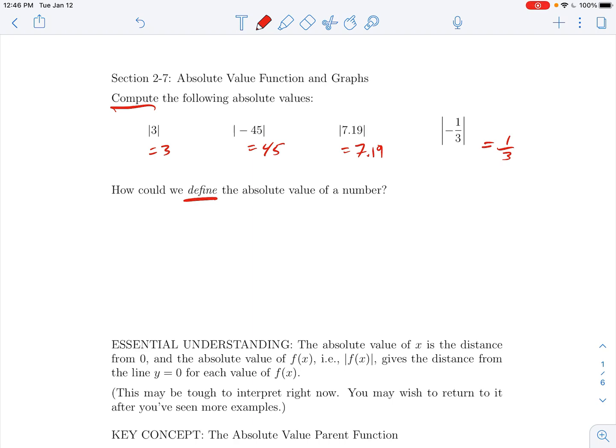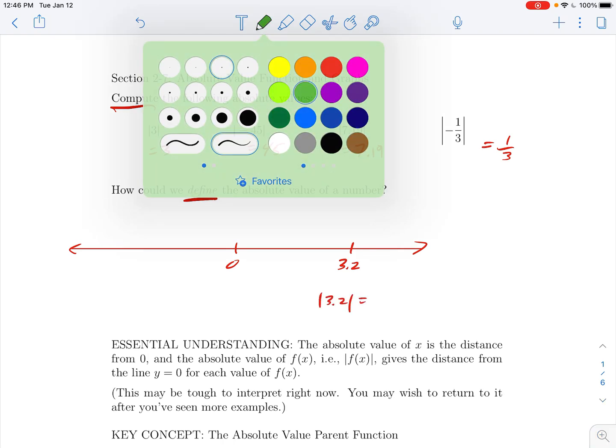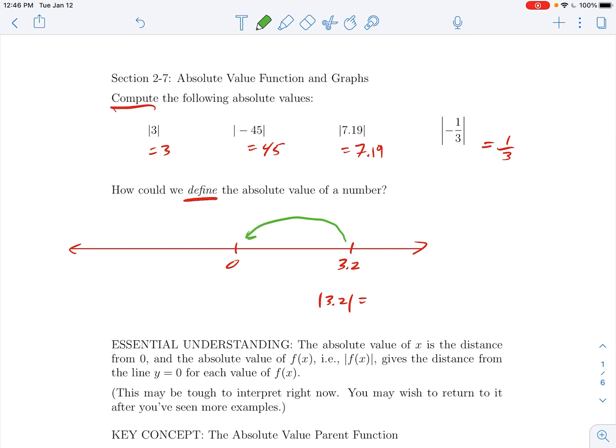Right, you can say, oh, it's the thing that turns negatives into positives, but that doesn't really feel like a definition. The way you should think about what absolute value really is, is to think about a number line. Here's the number 3.2 on the number line. When I compute the absolute value of 3.2, what I'm measuring is how far away from 0 it is on the number line.